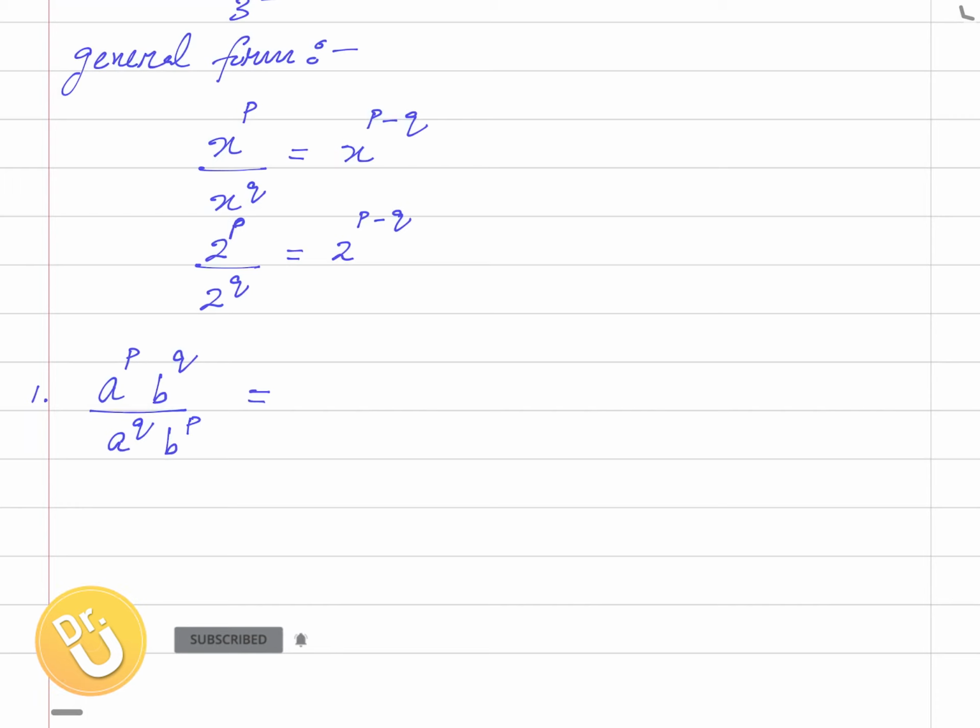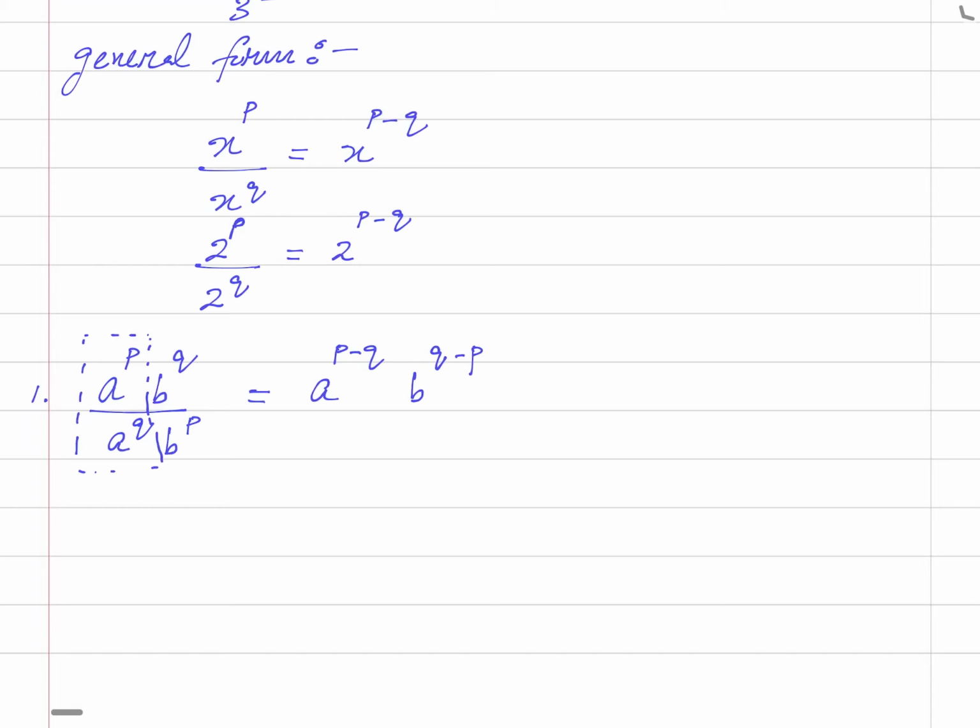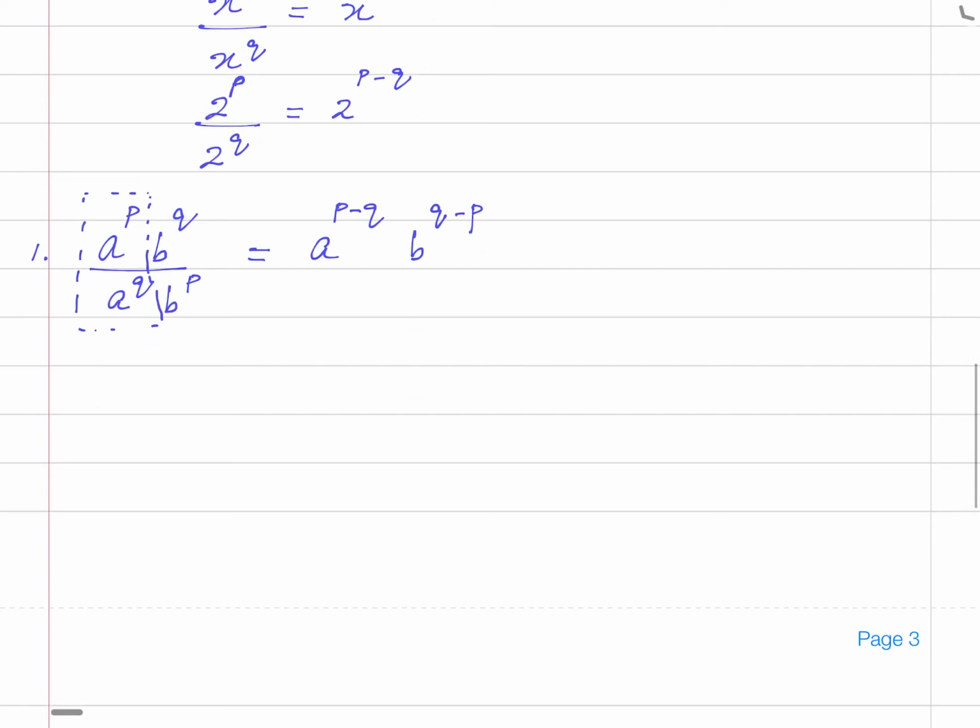Always in this index law, you are looking at the same bases; powers can be different. So you can see similar bases here. For a, dividing each other, the powers are subtracted, p minus q. Then for b, q minus p. Right? So this is the answer.